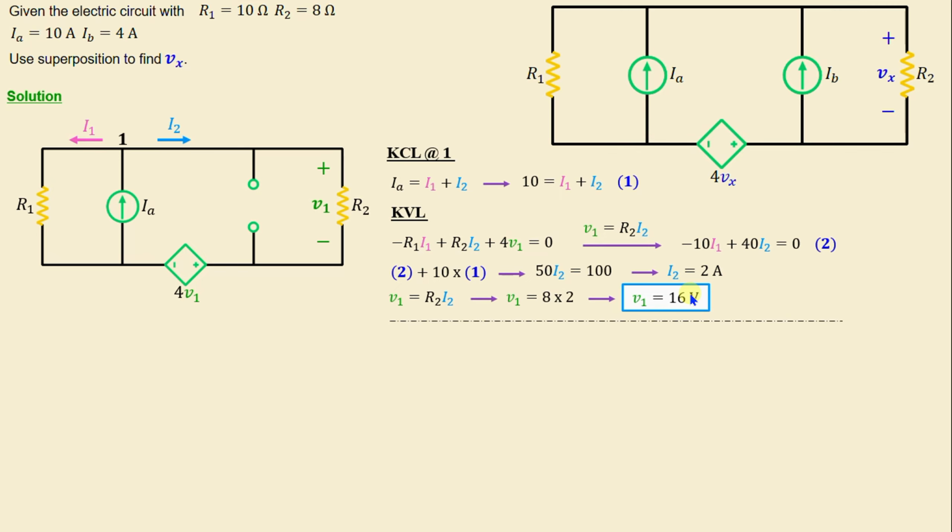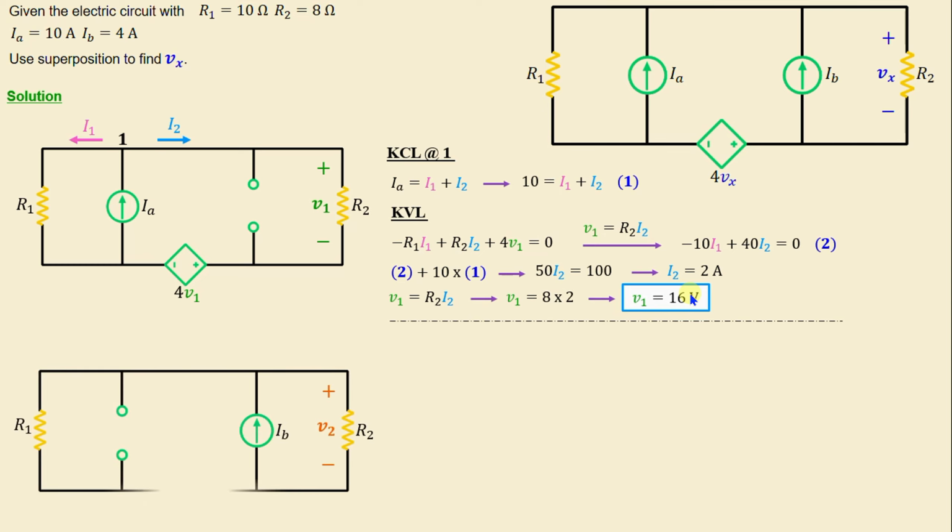Now let's consider the independent current source IB active and the independent current source IA inactive, which will be replaced by an open circuit. In order to calculate the voltage V2 across the resistor R2, we are going to apply Kirchhoff's laws.